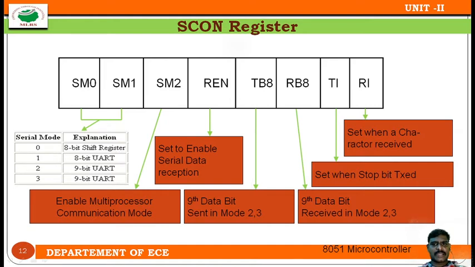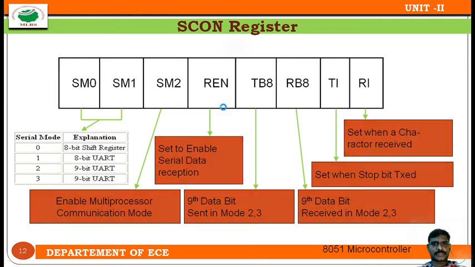TI is SCON.1, the transmit interrupt flag, set by hardware at the beginning of the stop bit in mode 1 and must be cleared by software. Similarly, RI is SCON.0, the receive interrupt flag, also set by hardware through the stop bit in mode 1 of operation and must be cleared by software only.